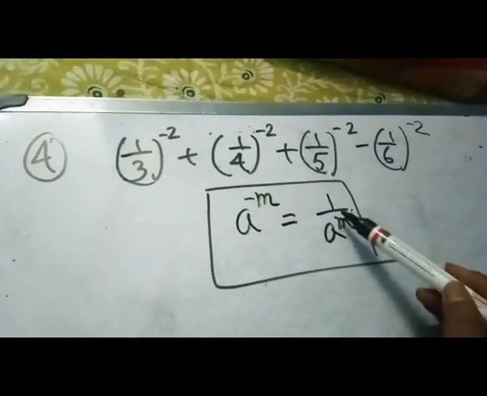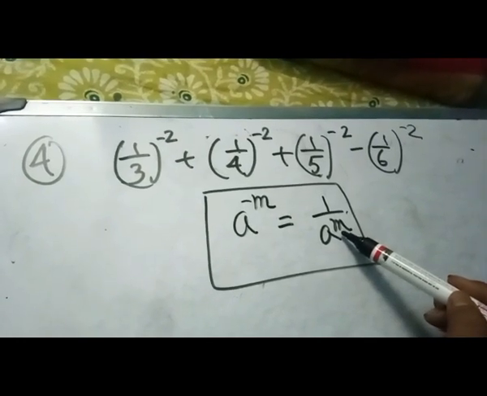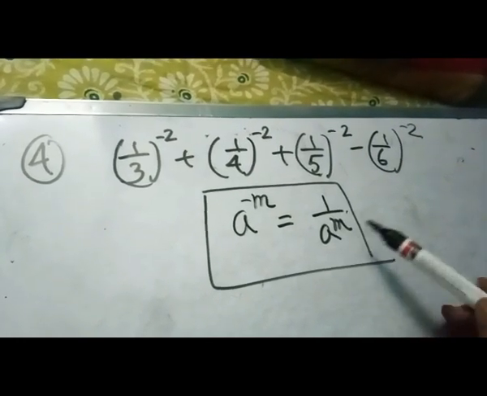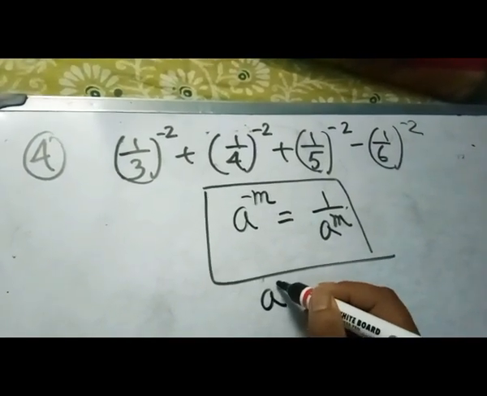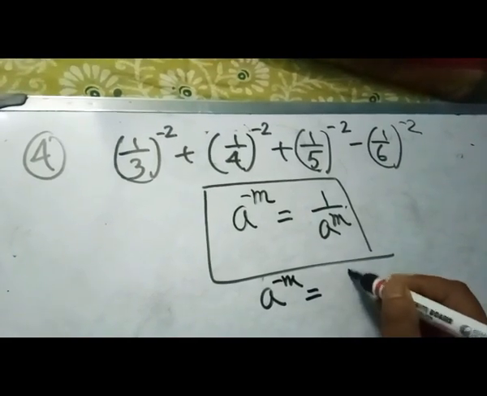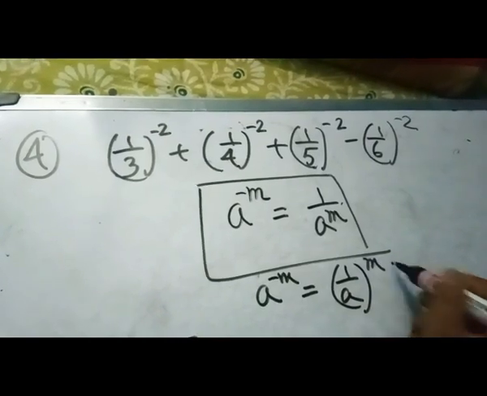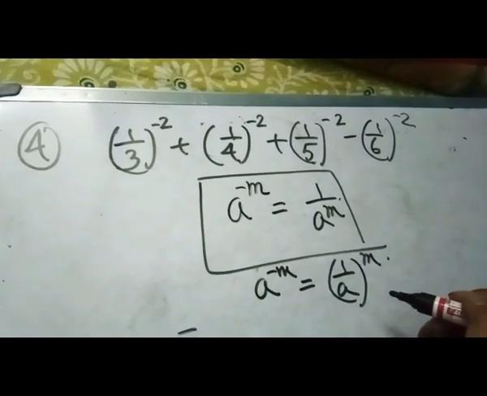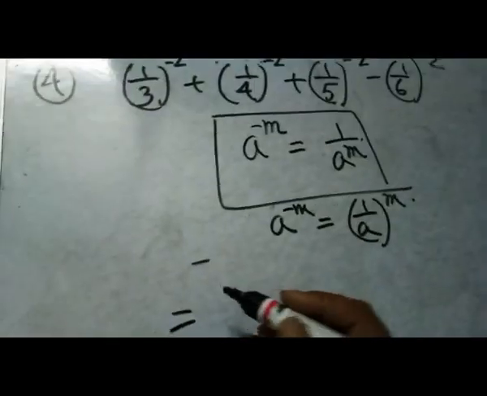Here I have written 1 by a to the power m. Meaning 1 by a, if you go for another calculation, you will see that a to the power minus m means 1 by a whole to the power of m. So I can write down this step.